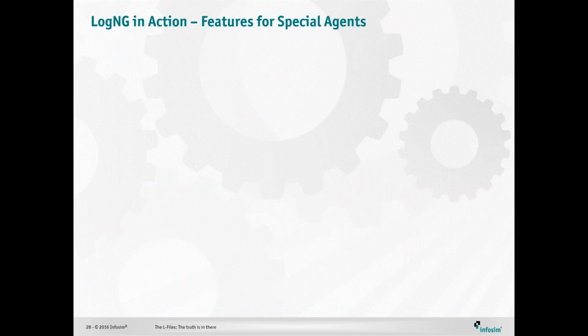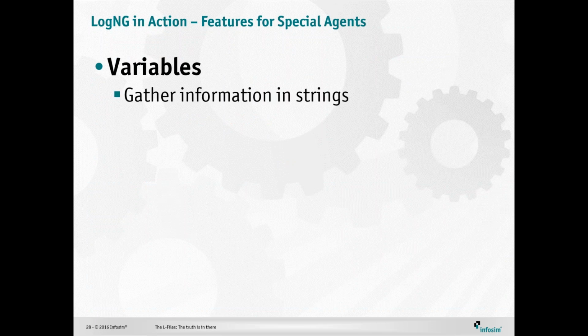And now, these were not yet the features for real special agents, because that was not all that LogNG is capable of. You can, for example, define your own variables. You can use them to gather information in strings, for example.